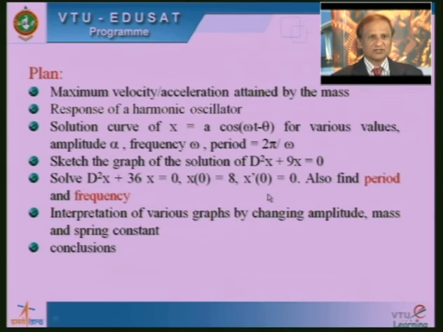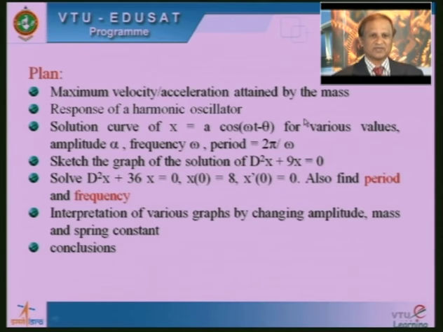So far we have discussed all these things. Now, yesterday I solved one second order differential equation and gave the solution curve. Today in this session I am planning to calculate the maximum velocity and acceleration attained by the mass.